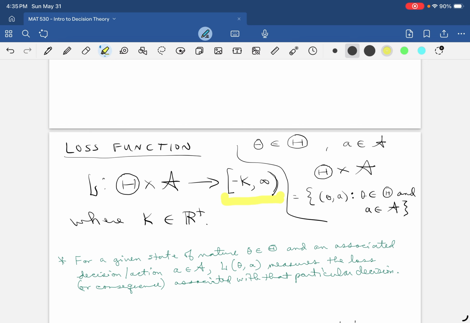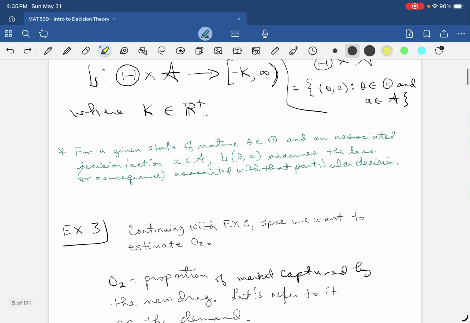So that's why we have that negative k there, closed interval negative k comma infinity. And here k is just some positive real number. And so then for a given state of nature, for a given theta, and an associated action, little a, the value L of theta comma a measures the loss associated with that particular decision.